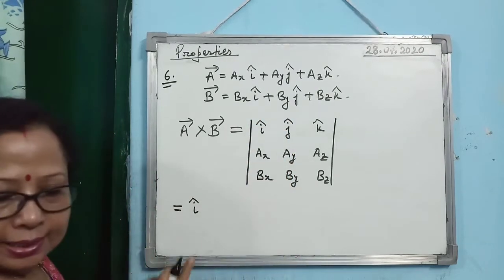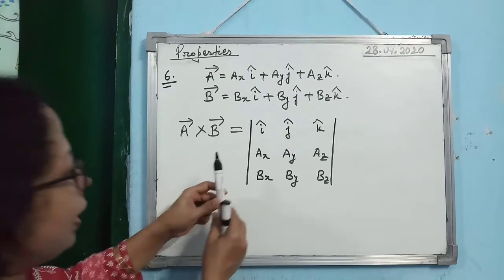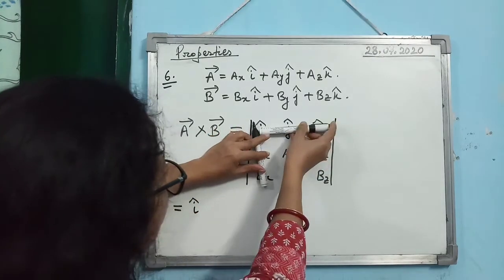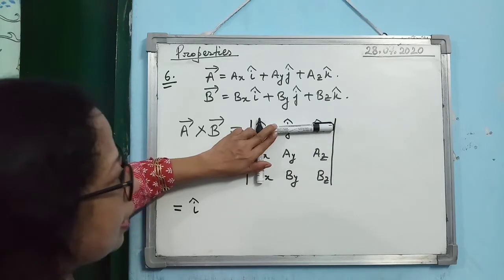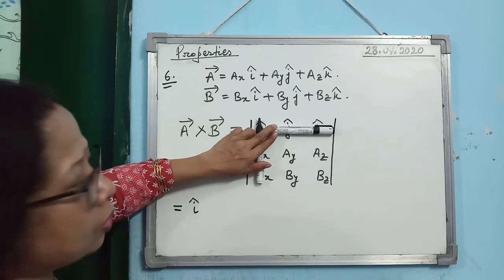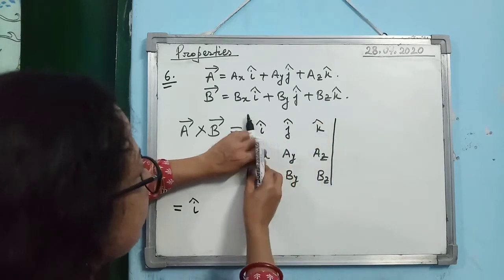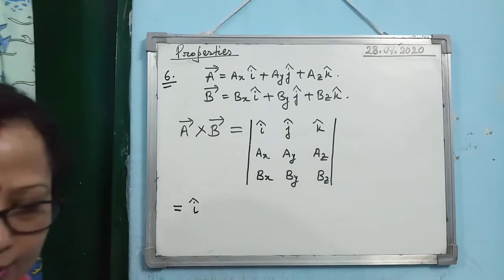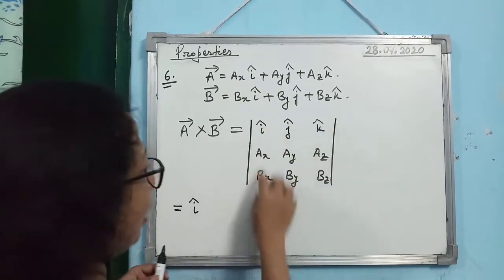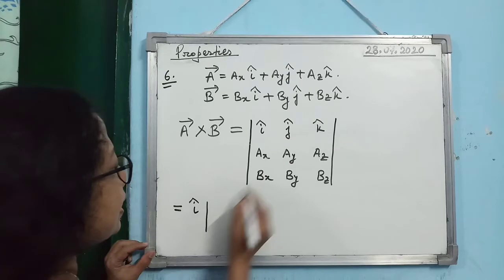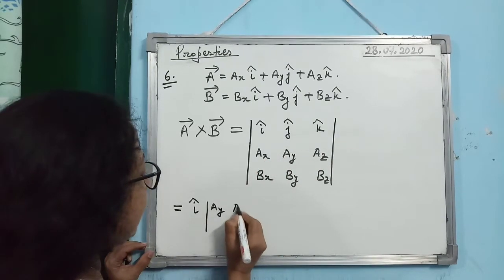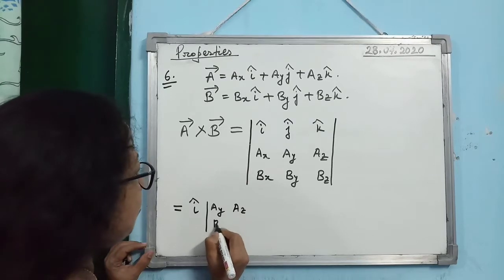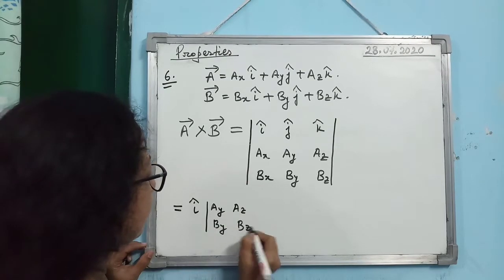So omit that row and column, the first row and first column. Then whatever is left, write it down. So whatever is left, AY, AZ, then BY, BZ.